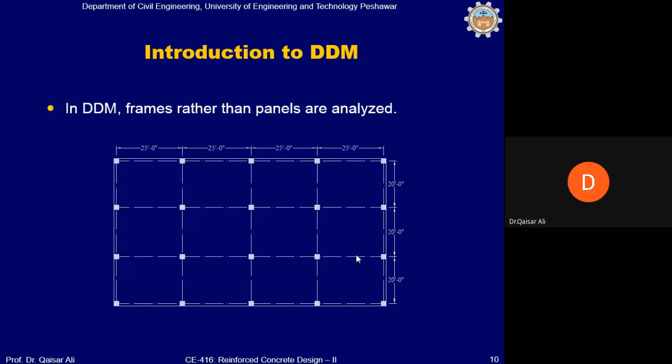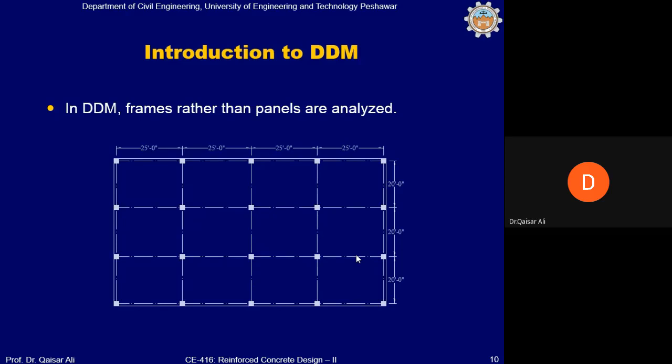However, if we remove the beams, we will get around 1 foot or 8 to 9 inches of space. And in 20 stories, this will become almost 1 story, or even more than that, 1.5 stories.